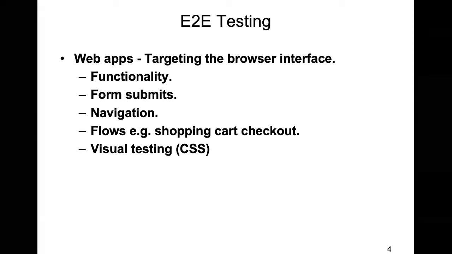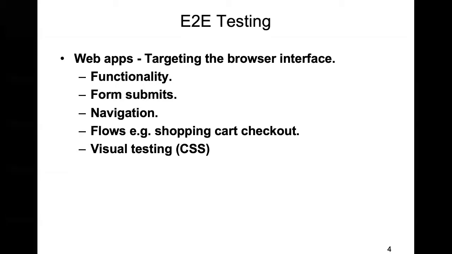And again, as I said, we're only going to be concerned with the functionality of the web app. We're going to be concerned with form submissions. If there are web forms as part of our app, we want to make sure that they work properly.